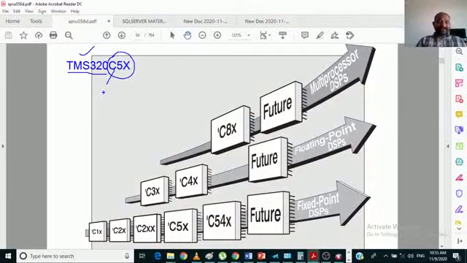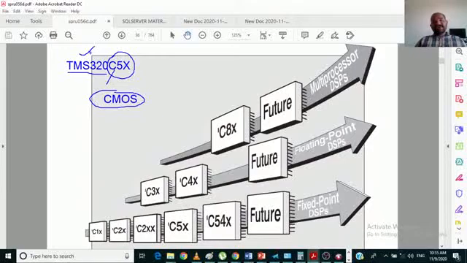That is the main intention of using the C. CMOS technology is used in designing this series, the TMS 320C5X family.